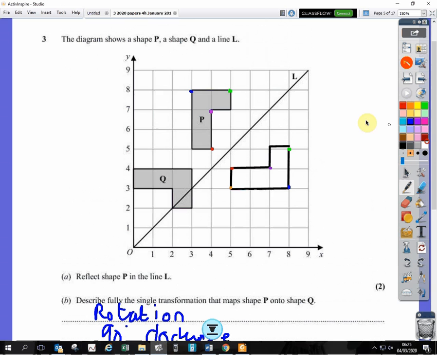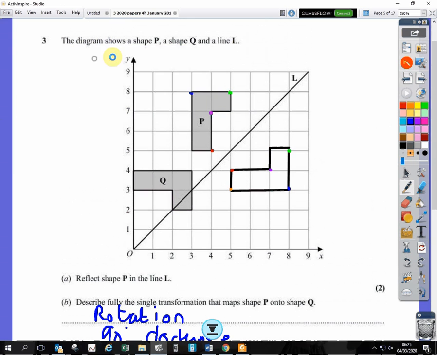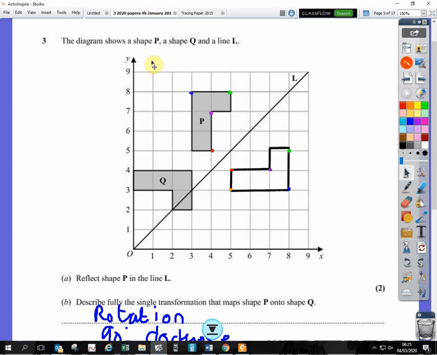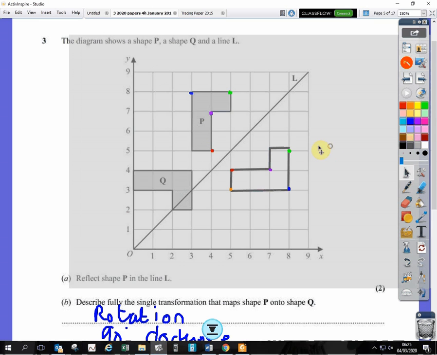Okay, so what you can do here, you can get your tracing paper. Draw over the shape, so draw over shape P. Okay, and take a guess where you think the center is.